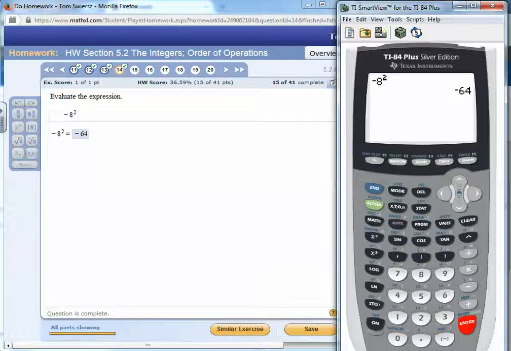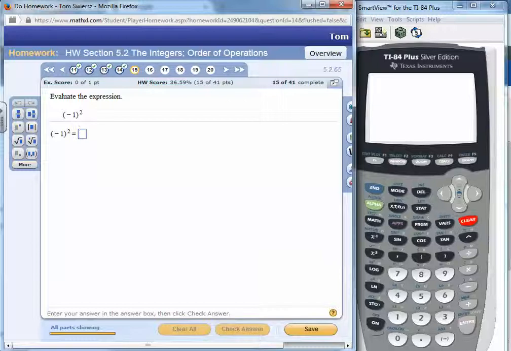It's negative 1 times 8 squared. Now notice, the calculator will do both correctly. If it was a negative 8, the base, negative 8, and that's squared, then it's negative 8 times negative 8, which is 64. So the good news is that the calculator does it correctly both ways. It agrees with what we do pencil and paper.